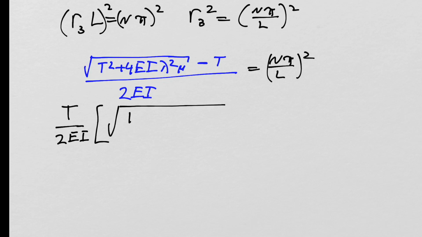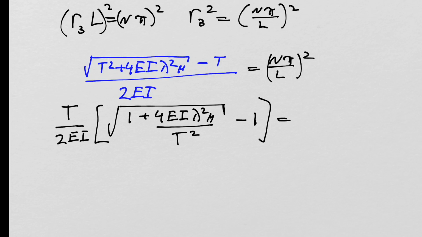The denominator, of course, is taken care of, and then that becomes 4EI lambda squared mu divided by T squared, right? And then minus 1. So this is where it's nice to have that little edge on your square root, right? And that has to equal n pi over L squared.